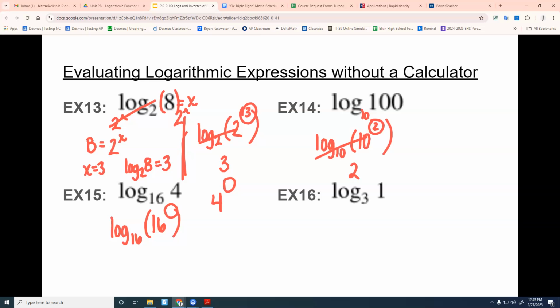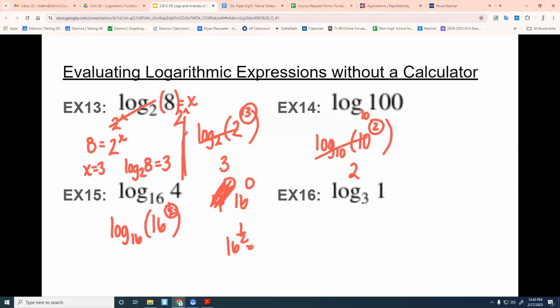Oh, I'm sorry, we got to do that backwards. I said that wrong. 16 to what power would give you 4? It is 1/2, right? That one's a little trickier because it's not a whole number. It's going to be 1/2 because 16 to the 1/2 is the same as doing what?